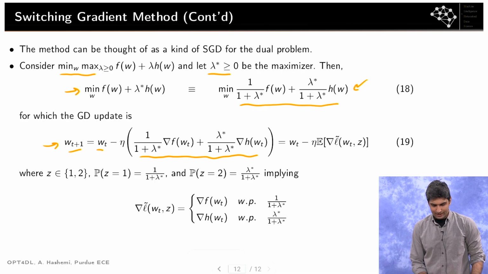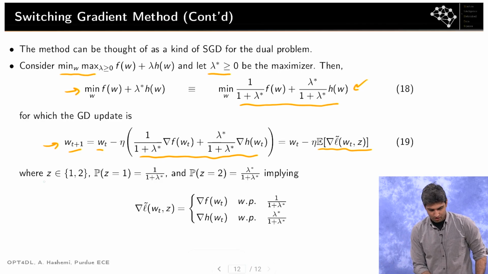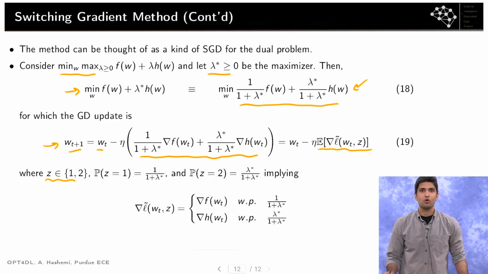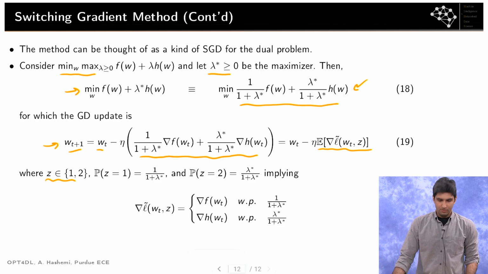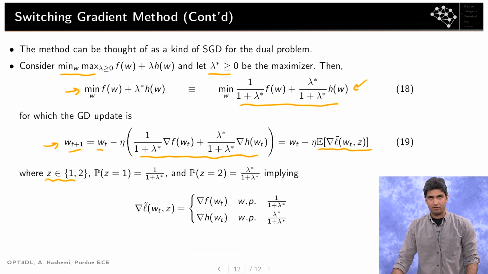Therefore, I can think of this as an expectation. So what I have here can be thought of as the gradient of a stochastic function, where the stochasticity is due to some random variable z that takes only 2 values with probability 1 over 1 plus lambda star and lambda star divided by 1 plus lambda star.